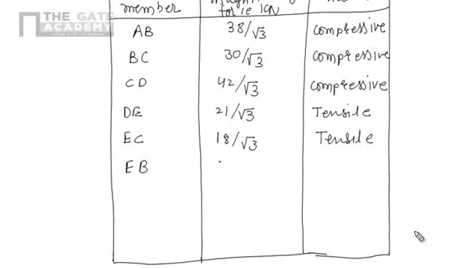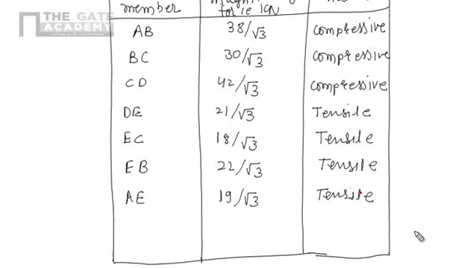Similarly, for EB, the magnitude is coming 22 by root 3 and the sign is coming positive, so tensile. Similarly, for AE, the magnitude is 19 by root 3 and the sign is coming positive, so tensile. So in this way we can easily analyze the truss with the help of the method of joints.